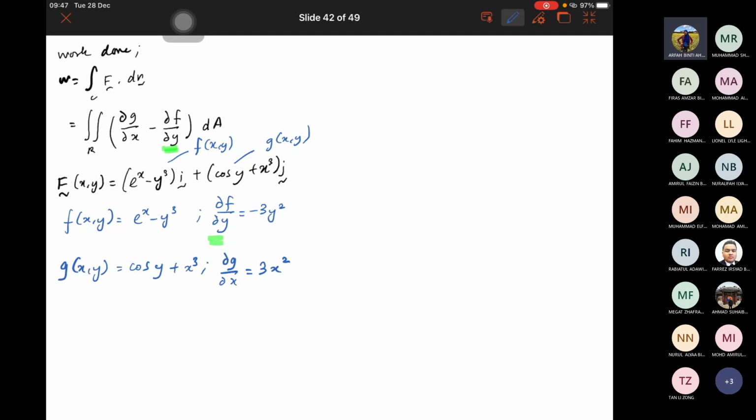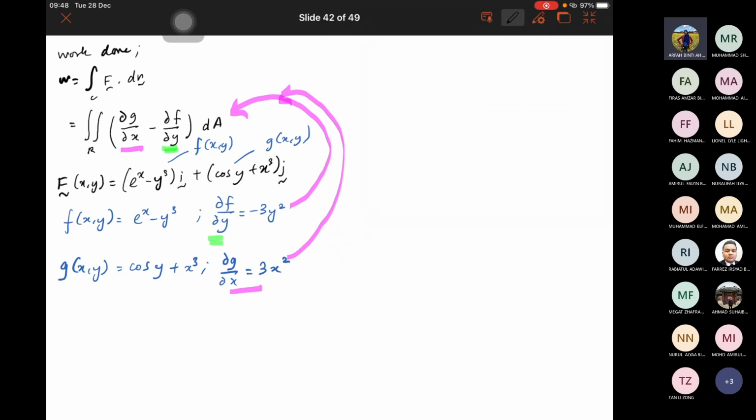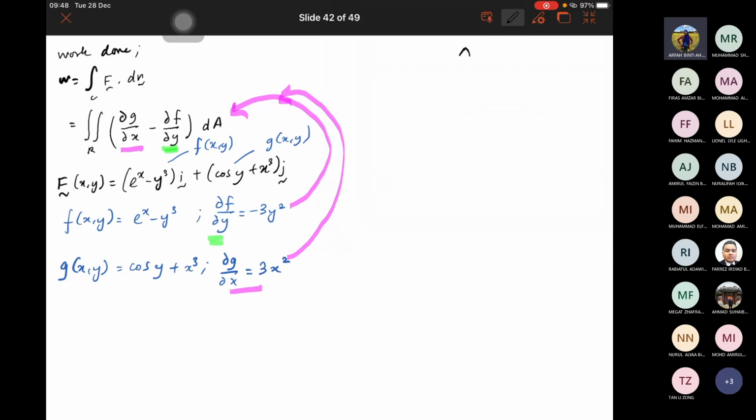So daripada sini masukkan these two information, delta G over delta X and delta F over delta Y, ke dalam the Green's theorem. And then kita punya region tadi adalah dalam bentuk bulatan, negatif 1 and 1, and it moves counterclockwise.